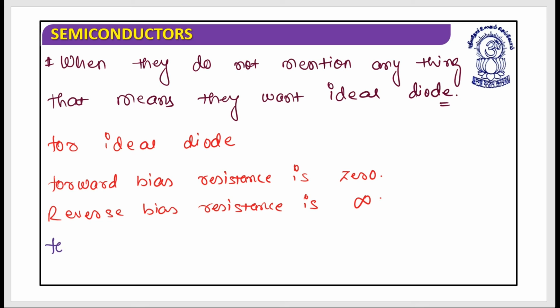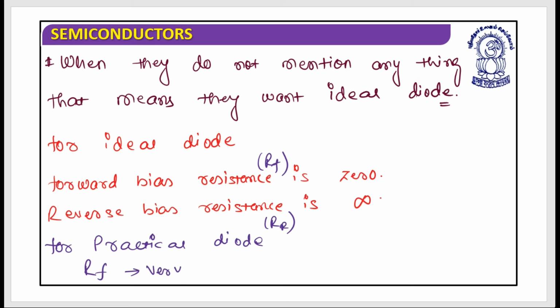And for a practical diode, RF, which we call forward bias resistance, and RR, the reverse bias resistance, RF is very low and RR is very high. I hope this is clear.